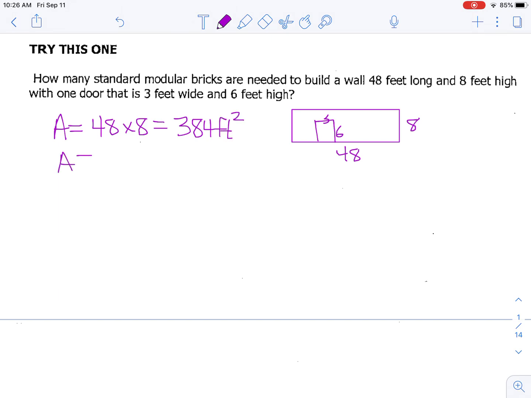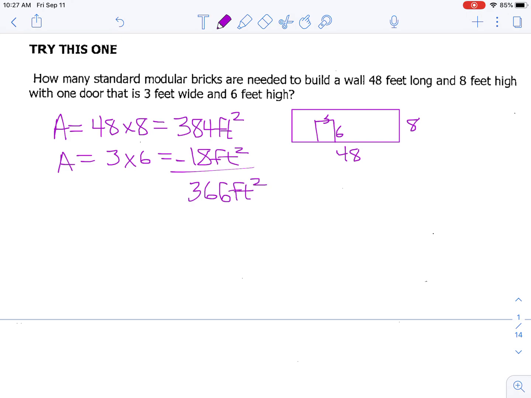And then our opening is a door that is 3 by 6, so that is 18 feet squared. To do the net wall space, you subtract this, and we get 366 feet squared.